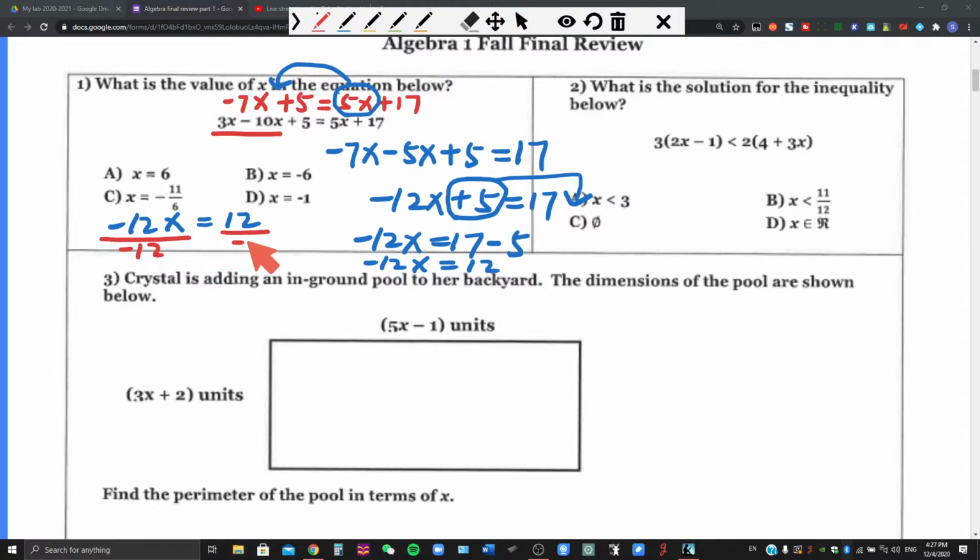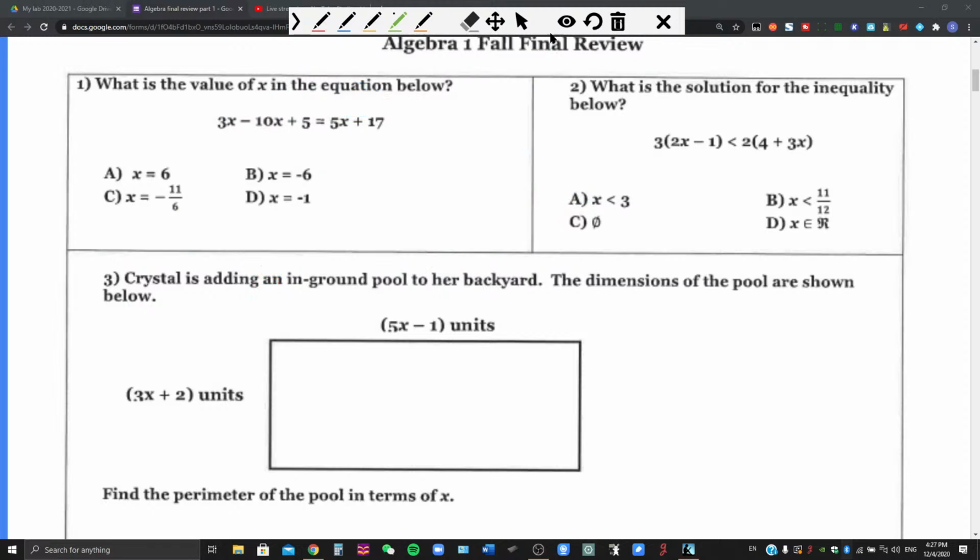We do the same thing on the other side. Therefore, we have x equals 12 divided by negative 12. That's going to be a negative 1. So the answer will be x equals negative 1. That's the answer.